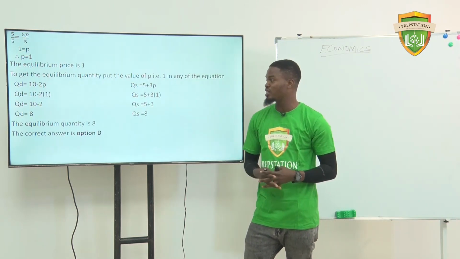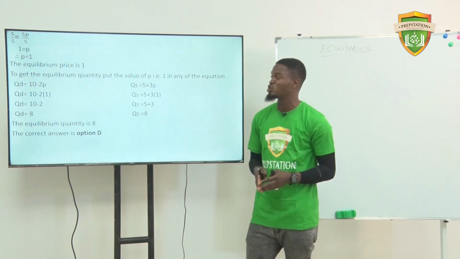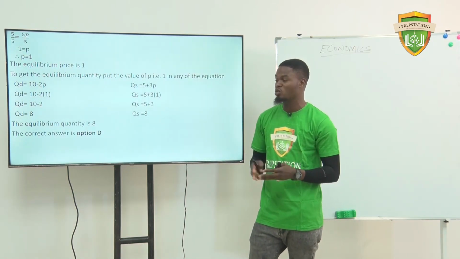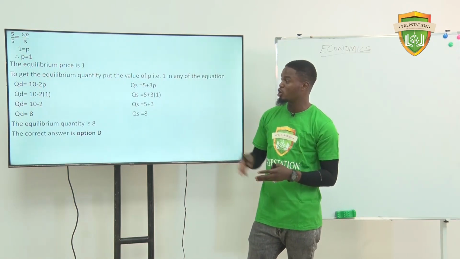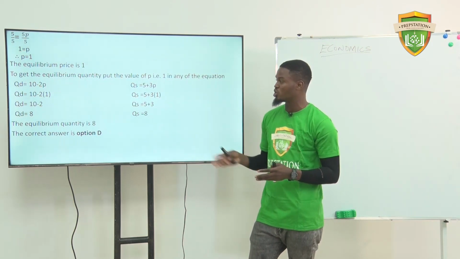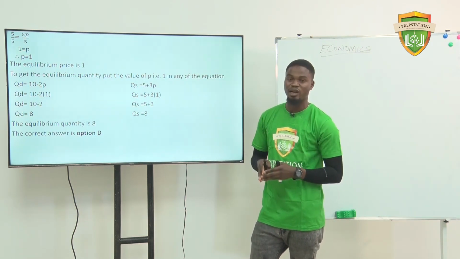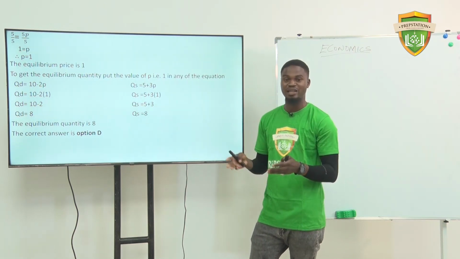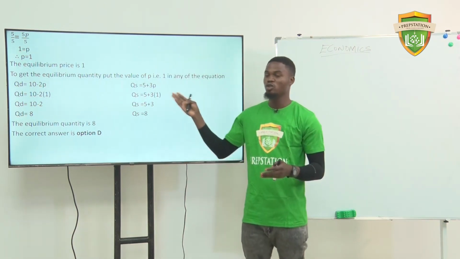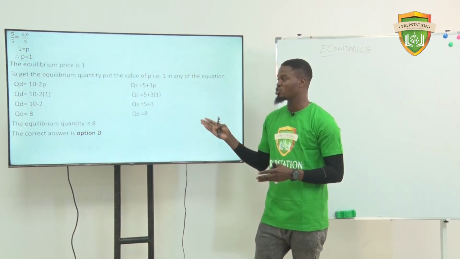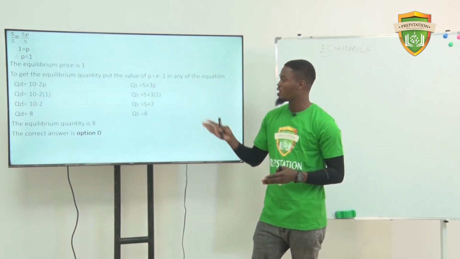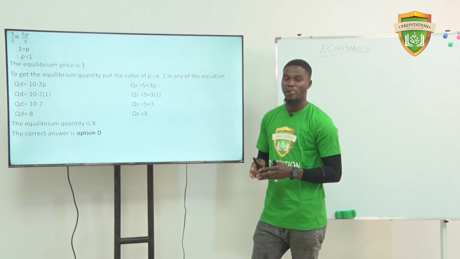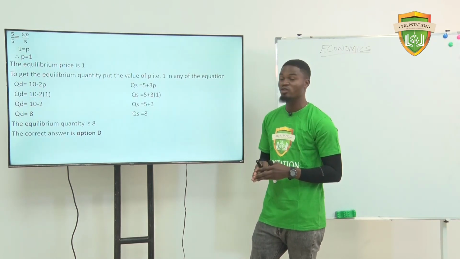So for the quantity demanded, you have 10 minus 2p, where the value of p is 1. You put the value of p into the equation, and 2 multiplied by 1 gives you 2. So you have your quantity demanded as 10 minus 2, which is 8. Using the second equation, the quantity supplied equation, you have QS equals 5 plus 3p, where the value of p is 1.